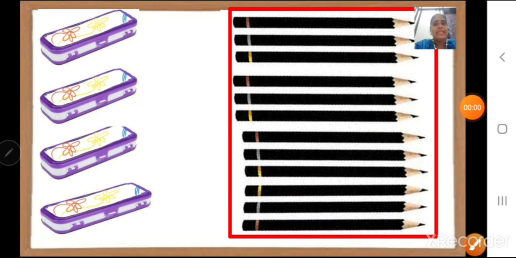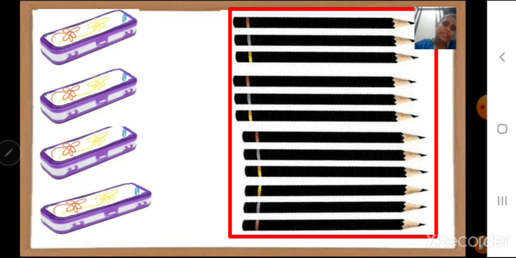Now children, let us see one more situation. Okay, here they have given that there are 4 pencil boxes, and there are 12 pencils. We have to find out how many pencils are there in each box. How will we do this? Again we are going to distribute the pencils among the pencil boxes, correct?